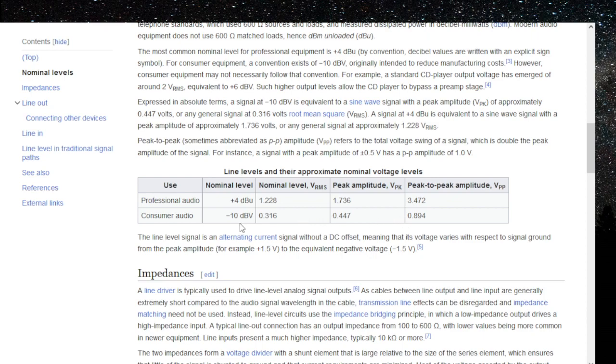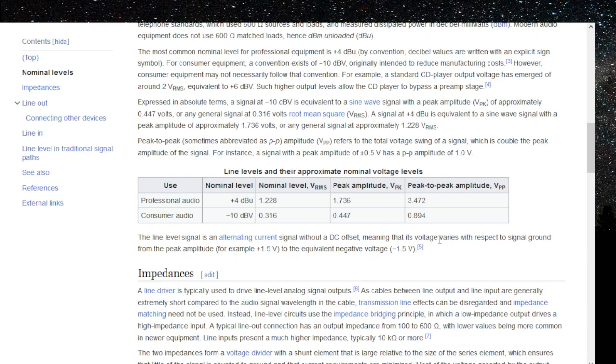Consumer audio minus 10 dB is 0.9 volts peak to peak. At minus 10 dB, that's pretty high. Oh, and there's another situation too.